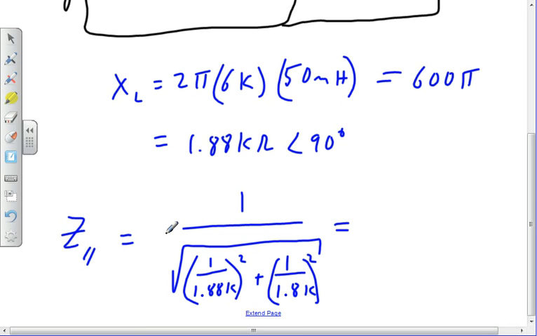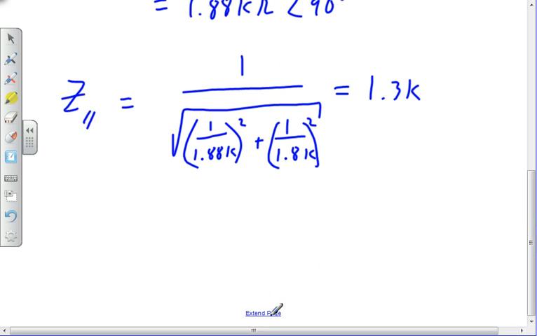1.88, 1 over squared plus 1.8, 1 over squared equals square root 1 over. So I've got 1.3K. Now I need a phase angle with that.